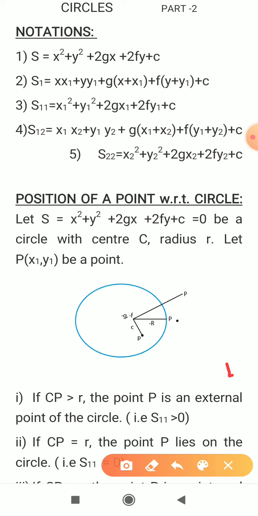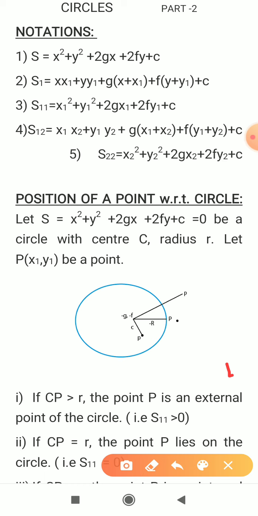Second, h is equal to 0. That means the coefficient of xy must be equal to 0. Another condition is g square plus f square minus ac greater than or equal to 0. So these are the conditions for a second degree equation to represent a circle. These are the points we learned yesterday.